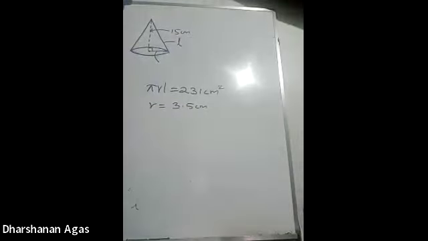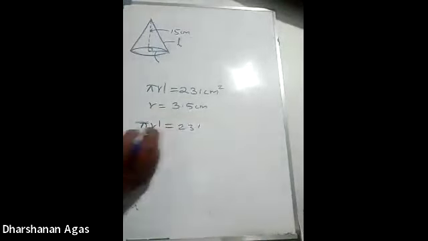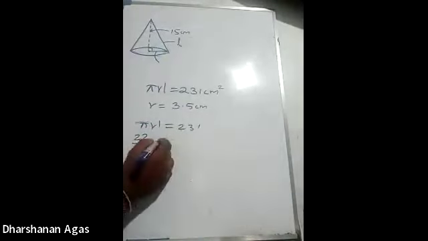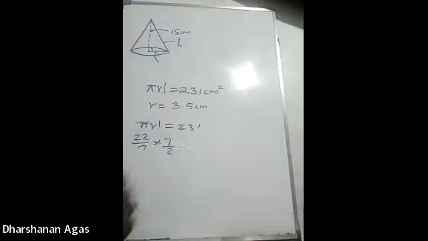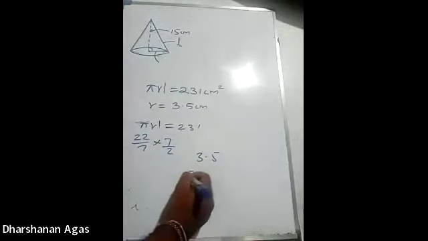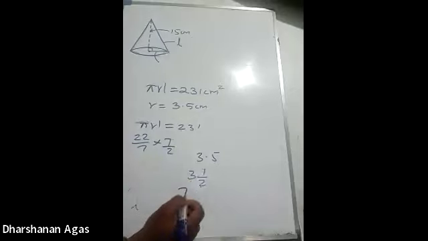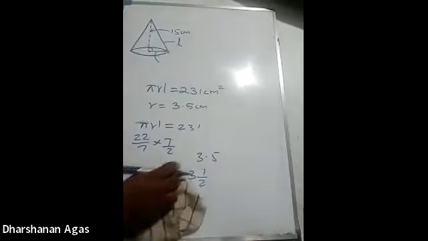Pi r L equals 231. Pi is 22/7, radius is 3.5, which I'm writing as a fraction 7/2. How is it possible? 3.5 means 2 into 3, 6, plus 1, 7/2, an improper fraction. That is all we are writing.